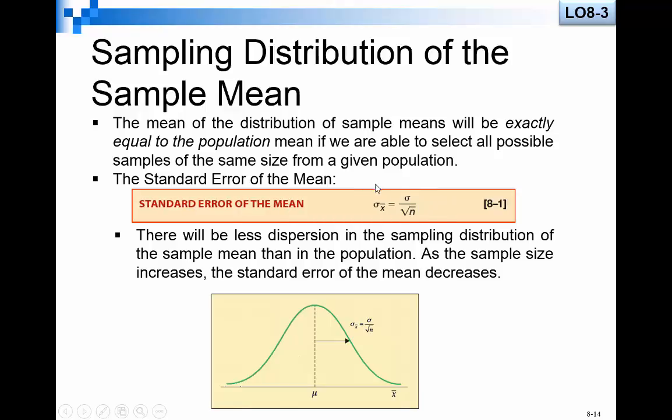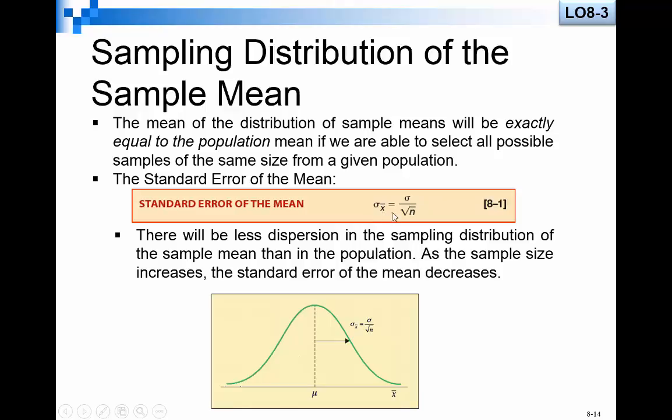In formulaic terms, the standard error of the mean is drawn as sigma and then sub bar x. So if we just look at what does that mean, what does sigma mean? Remember, sigma is the symbol that refers to standard deviation. And what is bar x? Bar x is the sample mean. So this symbol here is referring to the standard deviation of the sample means.